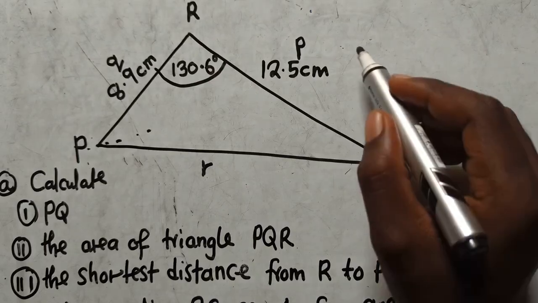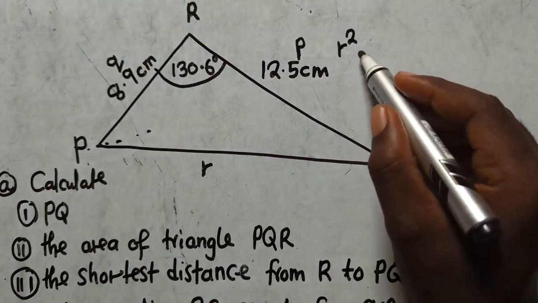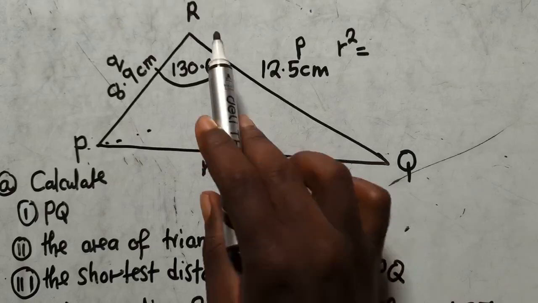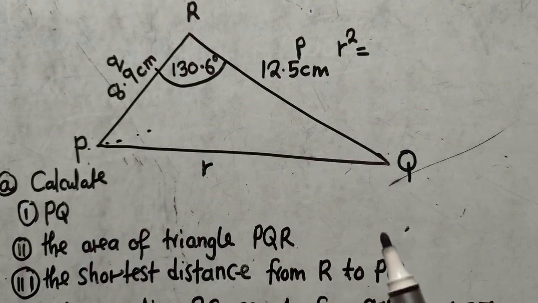And the formula we get to use, we say small r squared is equal to, according to the letters that are given. If you are given A, B, C, you answer it that way, as long as you've understood the concept. I'm not teaching you to master these things. I'm teaching you so that you can know how to answer these particular things.